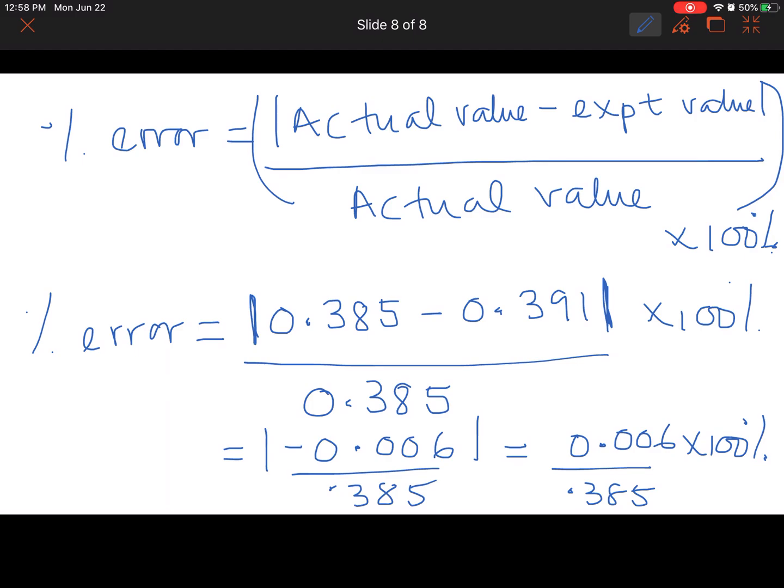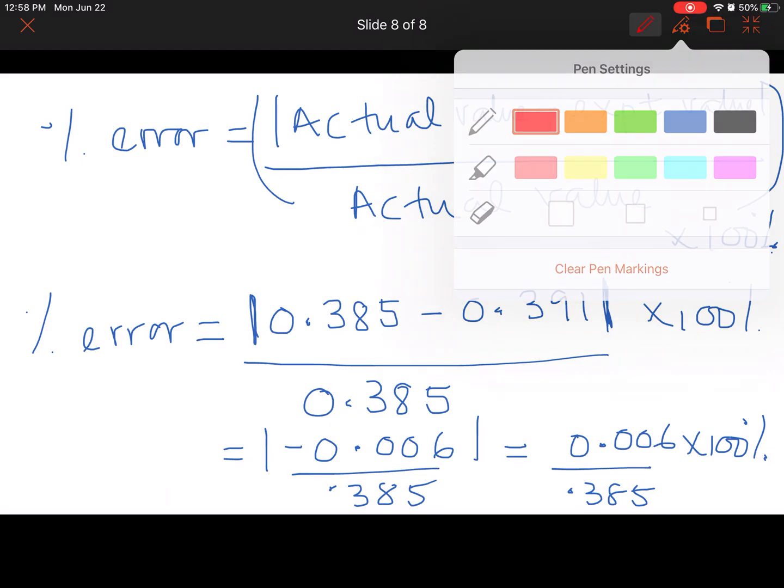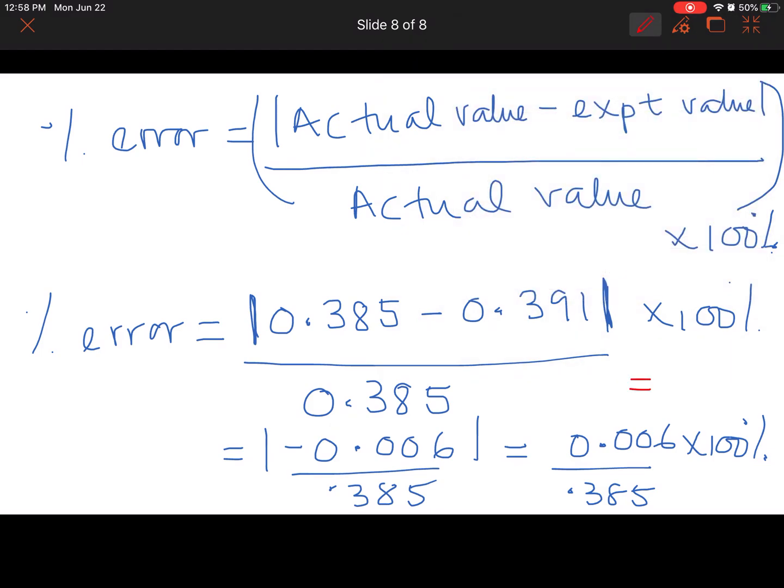You divide this by 0.385 times 100, that is 1.56, so the answer equals positive 1.56%. That's how you calculate the percent error.